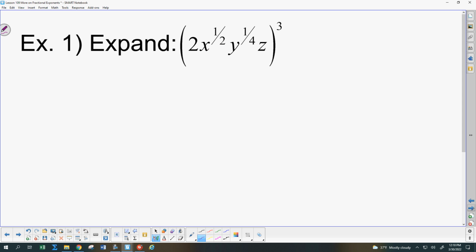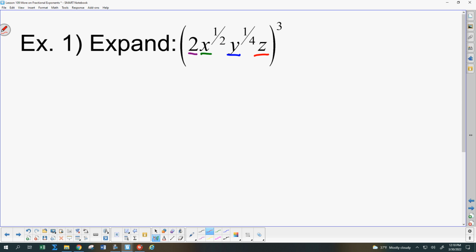So here's one that's like that last thing. I have a bunch of different things all multiplied together inside the parentheses, raised to the power. So every single one of those needs to get the power. So 2 is on the main line, and x is on the main line, and y is on that main line, and so is z.